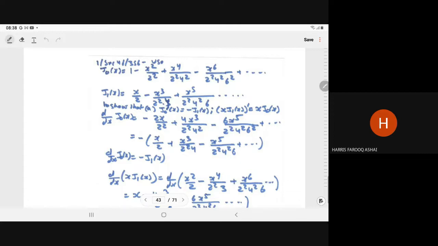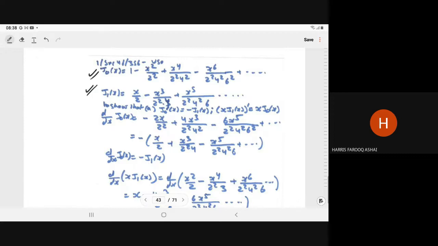Now, question number 1 from your book. I have already derived the Bessel series for J0 and J1. So here use J0 is equal to 1 minus x square upon 2 square plus x to the 4 upon 2 square 4 square minus x to the 6 upon 2 square 4 square 6 square and so on.